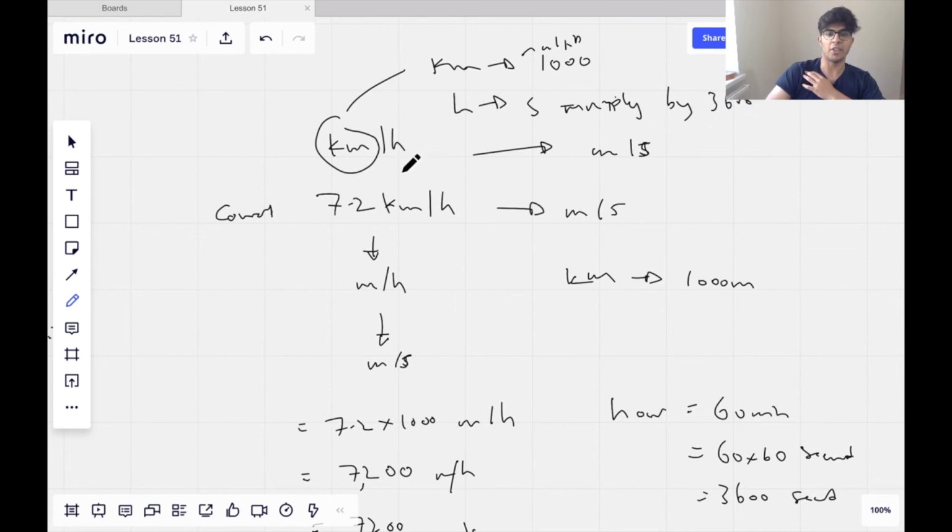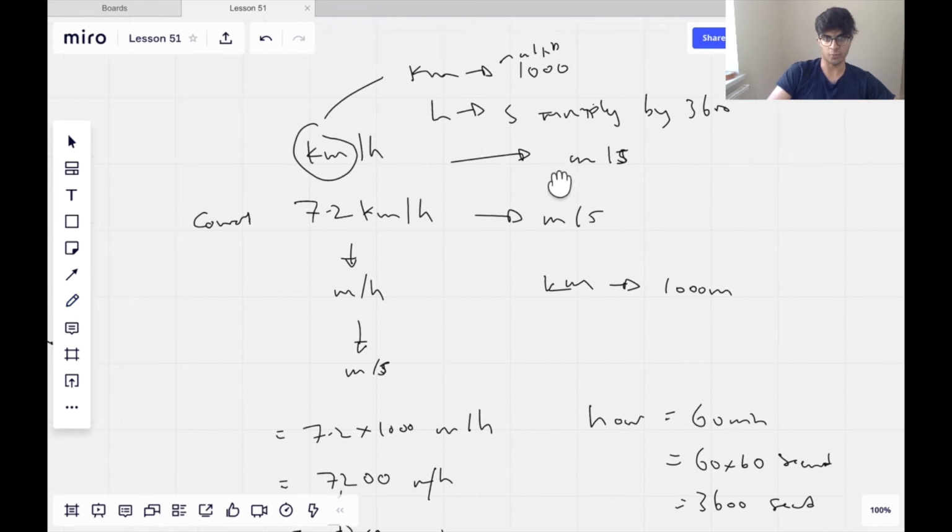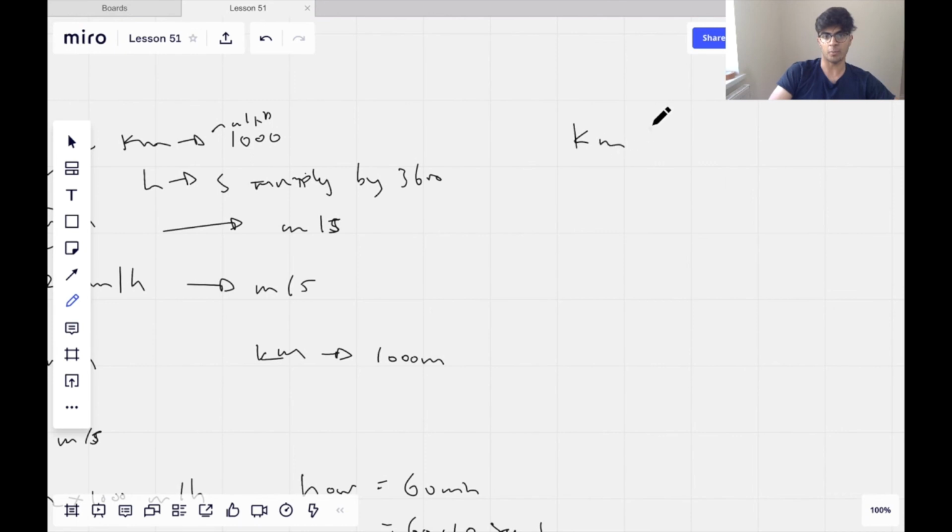But in this case, because you see this division sign here, it's divided by, like, per hour. So because we multiply here, we reverse it if it's on the bottom. So it's km per hour.